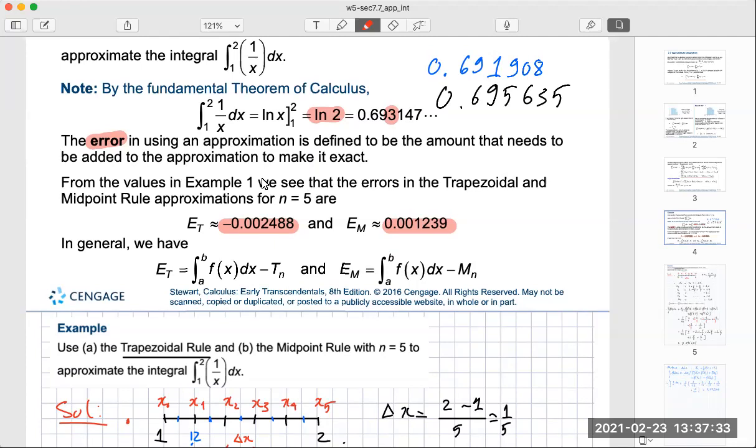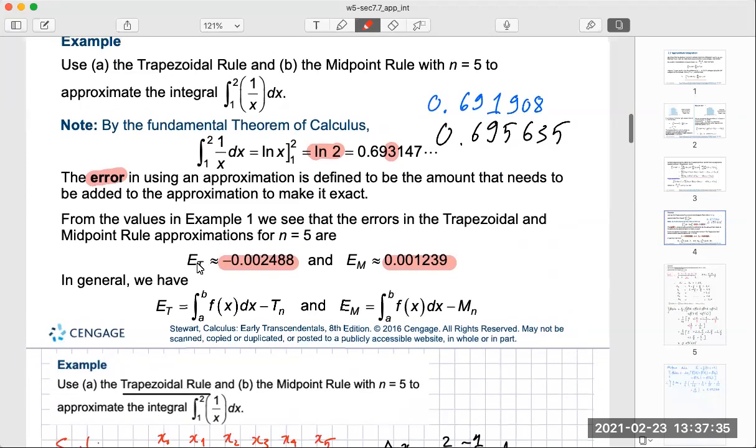For example, for the trapezoidal rule, the error is this number subtracted from the exact number, which gives us negative 0.02 something. The midpoint rule gives us a different error. We see that the error for the trapezoidal rule is a negative number.